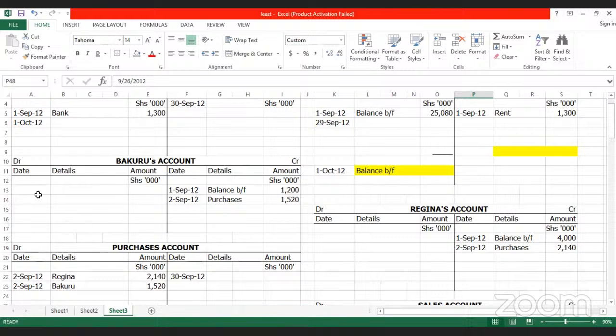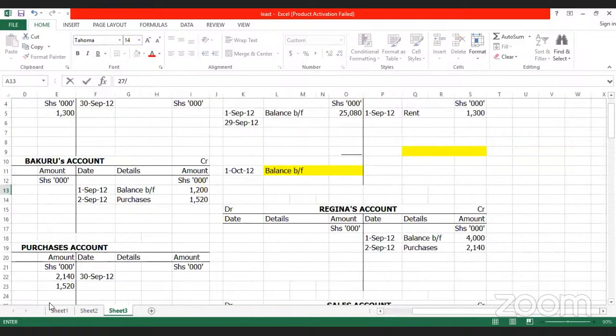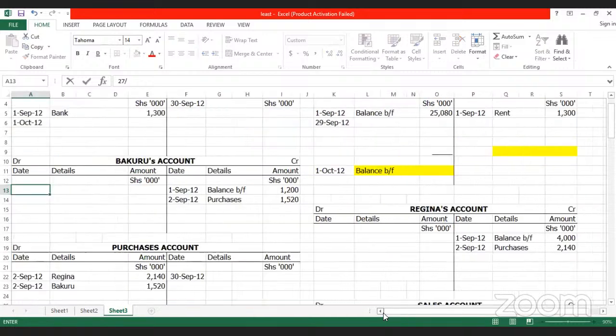Now, in Bakuru's account, when you're paying your suppliers, of course, you will credit the bank account, and then you will debit the supplier's account. That is on which date? 27. So on 27, we are about to end the month.